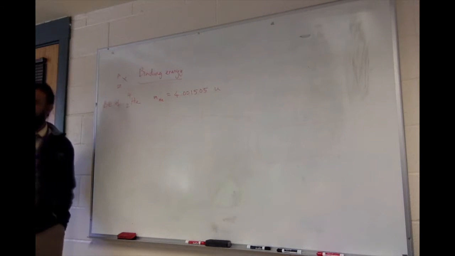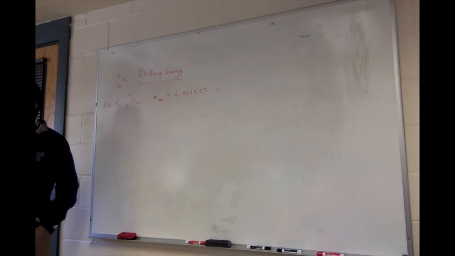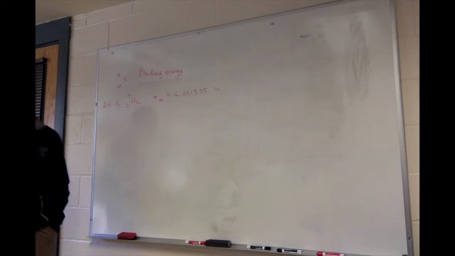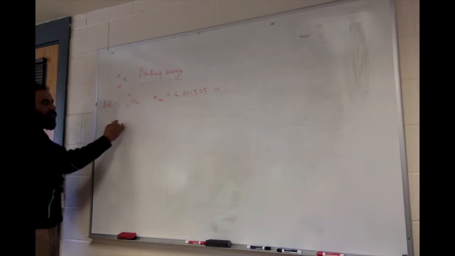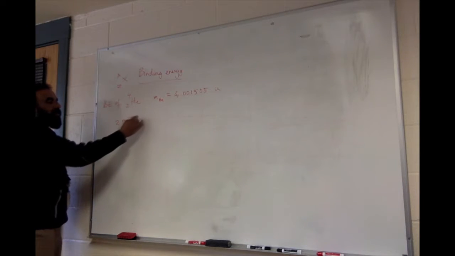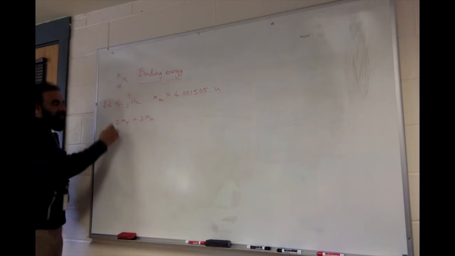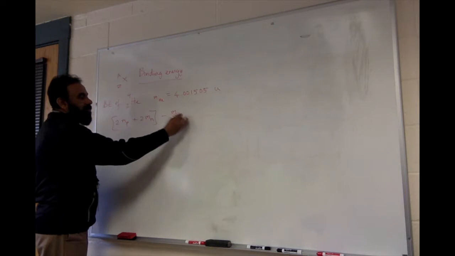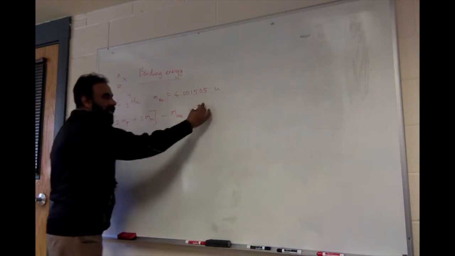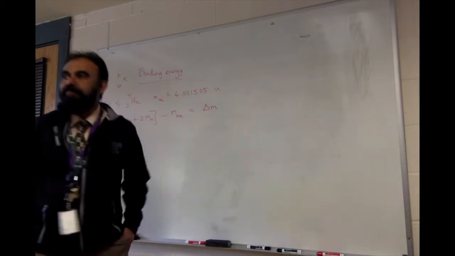Do you want us to use one amu for protons and neutrons? No, you have to use the actual ones. The number of protons here is 2. So 2 times Mp plus 2 times Mn, this is the mass of the nucleons, minus the mass of helium is equal to delta M. So get the delta M first.